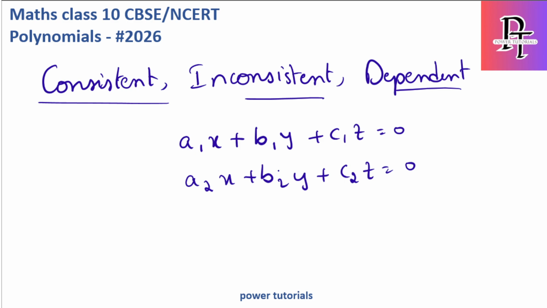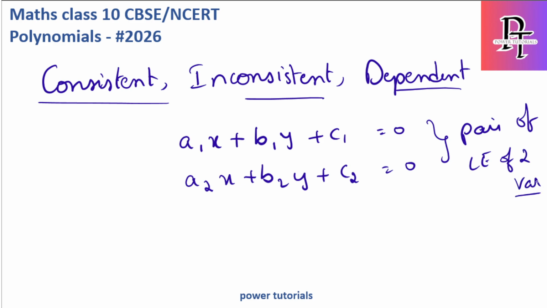Both together are a pair of linear equations. Here I wrote a z by mistake, I'll correct it. c1 and c2 are the constants, so the variables are x and y. So it is a pair of linear equations of two variables.